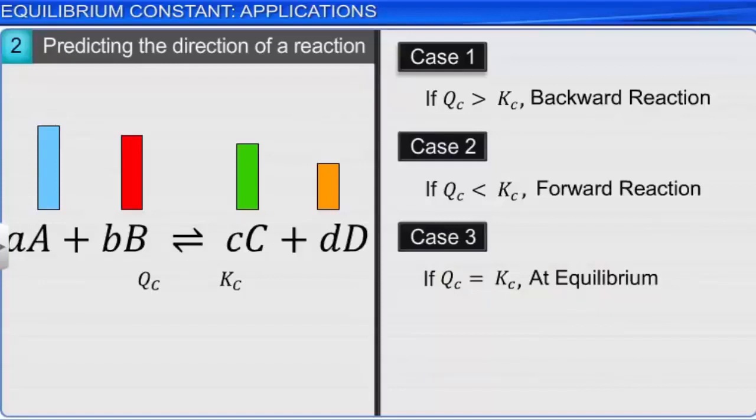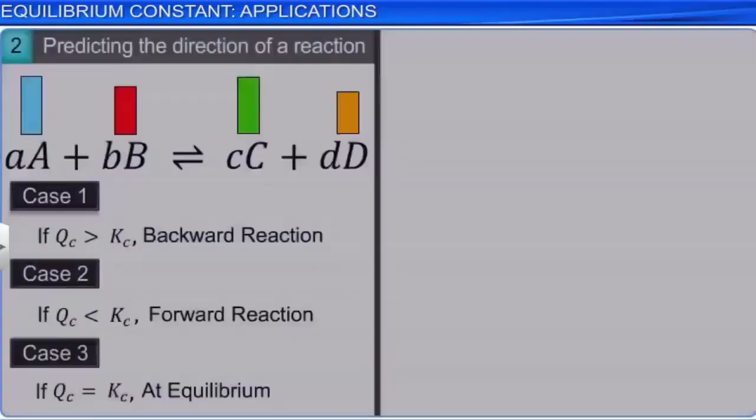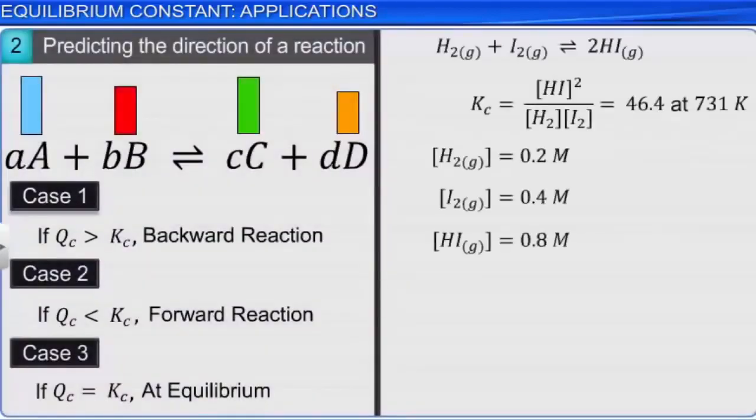For example, the equilibrium constant for the gaseous reaction of hydrogen with iodine to form hydrogen iodide at 731 Kelvin is 46.4.